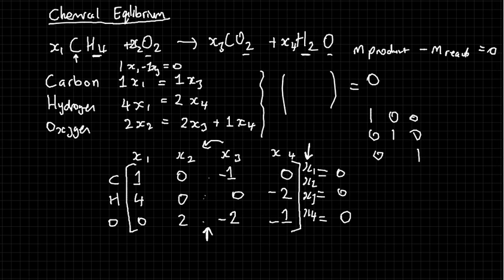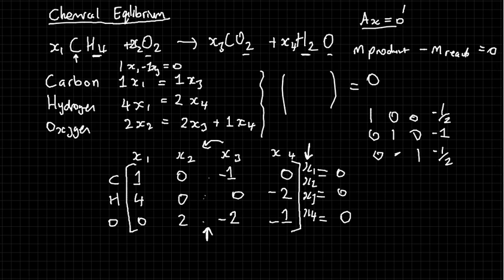If you were to row reduce this matrix, what you'd end up with is the matrix 1, 0, 0, negative a half; 0, 1, 0, negative 1; 0, 0, 1, negative a half.